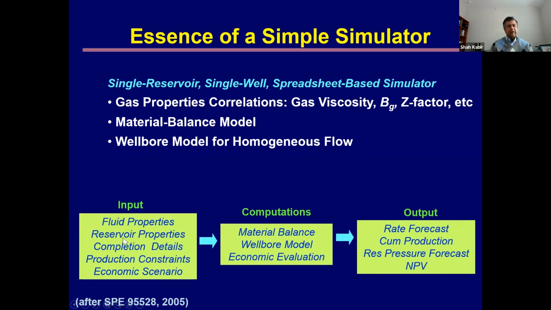We plug in all the system parameters and do the computation. We are handling material balance in the reservoir as well as in the wellbore, and at the end we are doing economic evaluation. The outputs are the rate forecast and cumulative production.